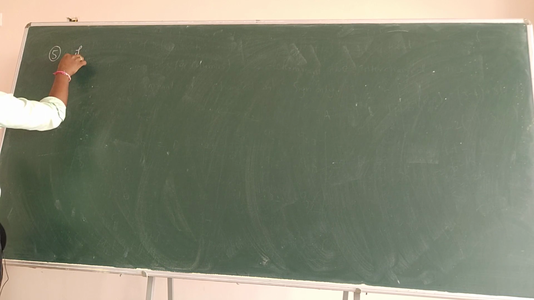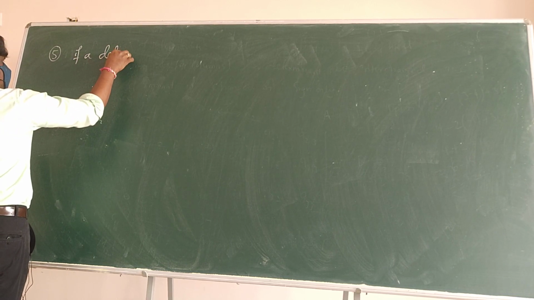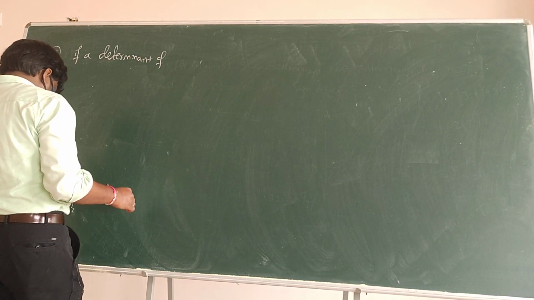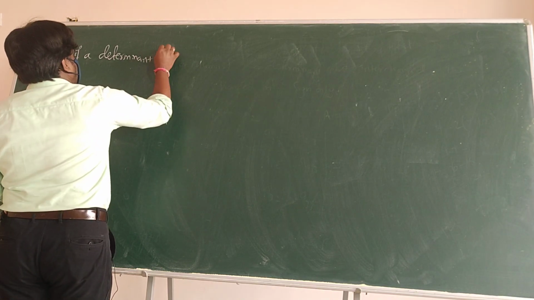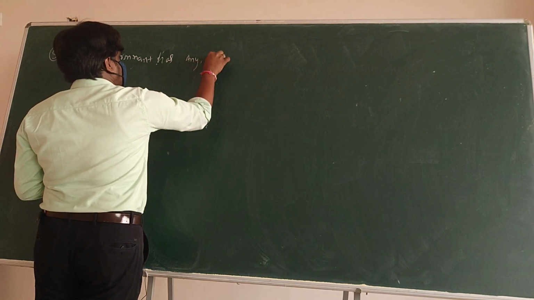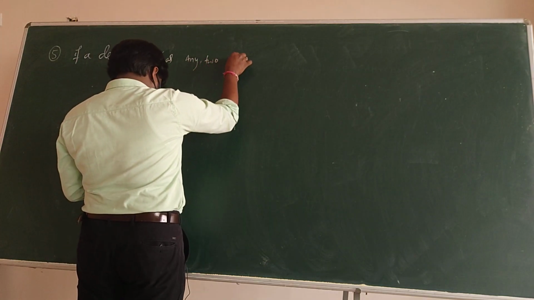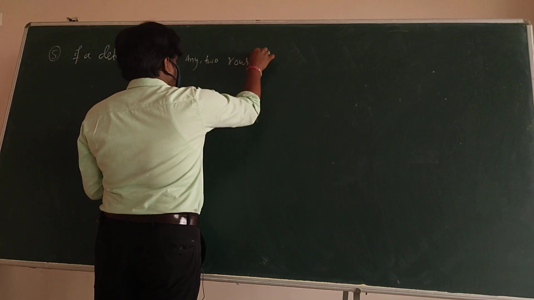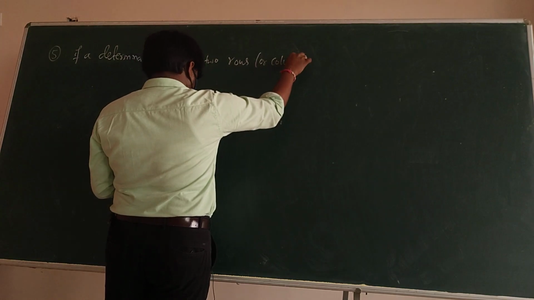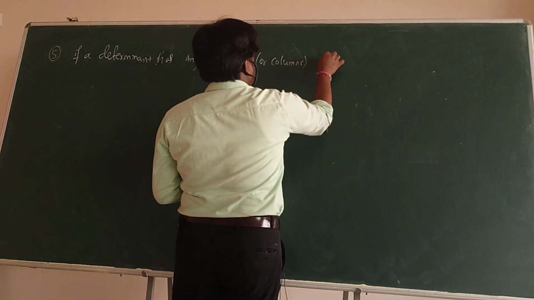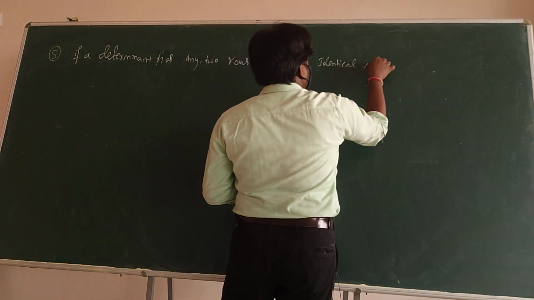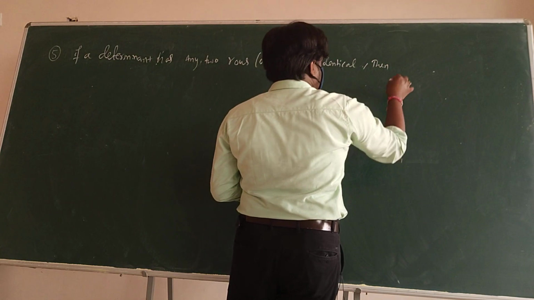If a determinant has any two rows or columns identical, then its value is 0.